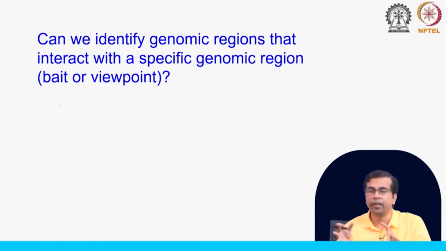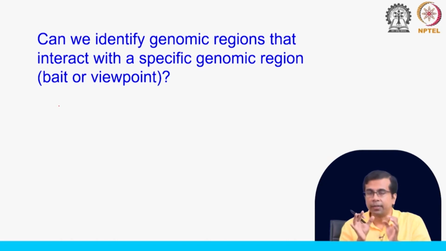Let us say we have a gene that is very important for some purpose, and we have the promoter of the gene, and we want to see whether the promoter region interacts with other genomic regions which might influence the expression of this gene. So, instead of testing these 1000 other genomic regions, we can unbiasedly discover regions that are interacting with that genomic region.